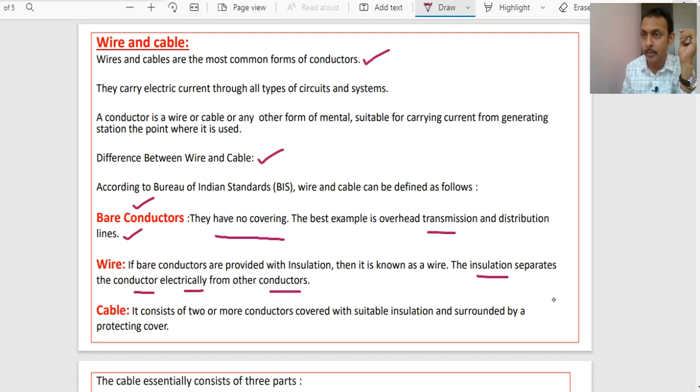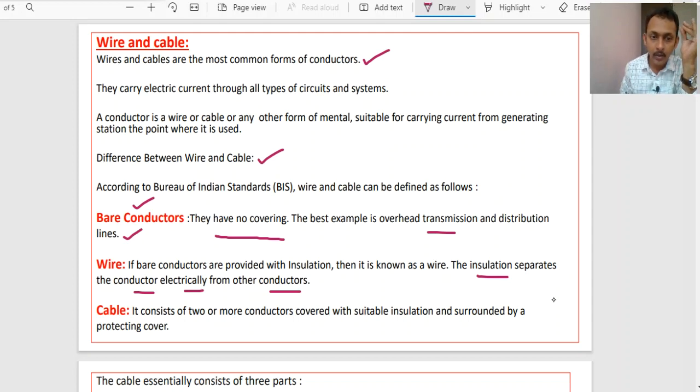It is also there to help us: if you touch that conductor wire, you will not get an electric shock, because on top of that, insulation is there, right? Inside that, the bare conductor will be there.